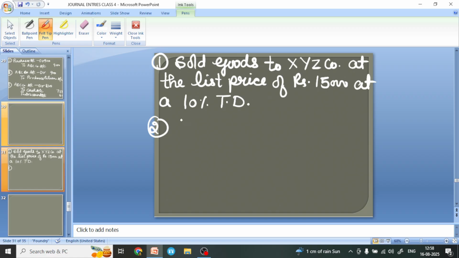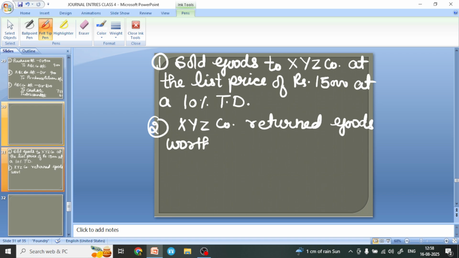Second entry, XYZ company returned the goods worth rupees 5,000.